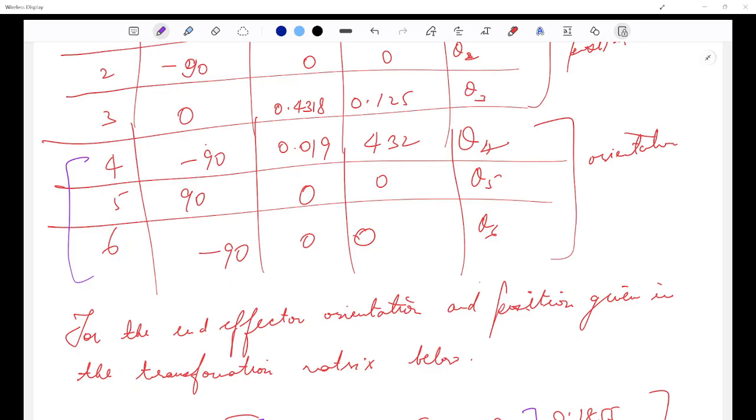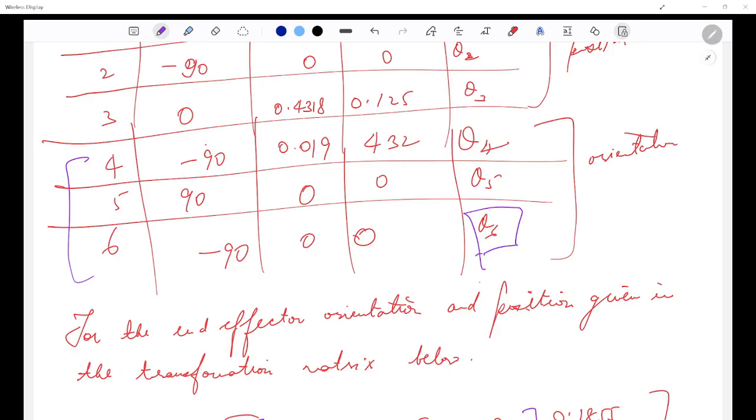All right. So what we are doing, theta 6 here is not defined with respect to the base frame. That should be very clear to you. We already saw in 3R as well. Theta 6 is not defined with respect to the base frame. It is defined with respect to frame 5.